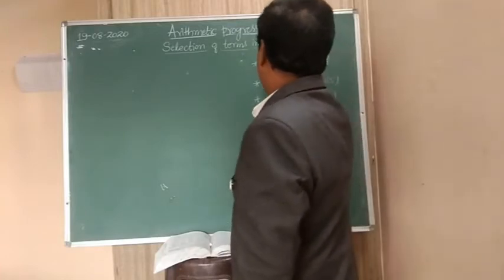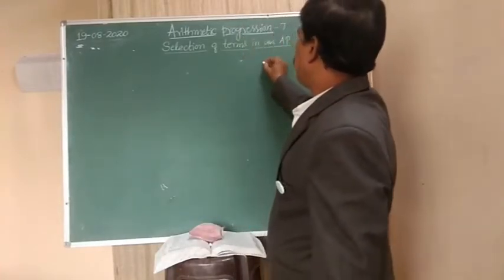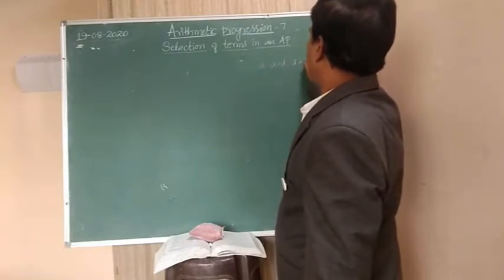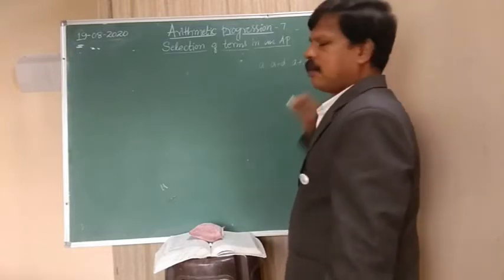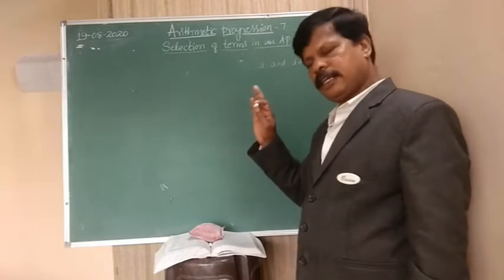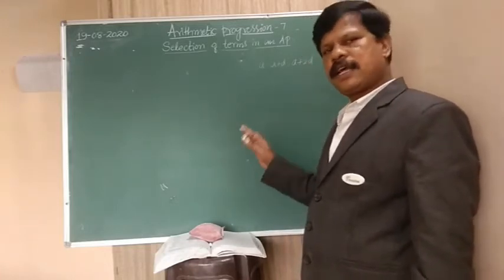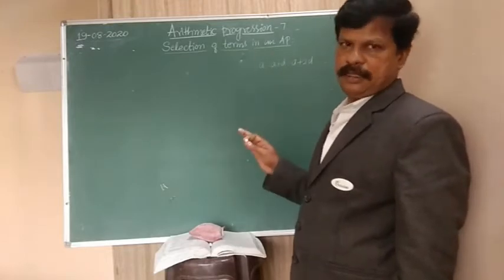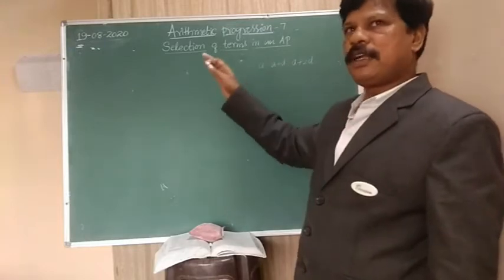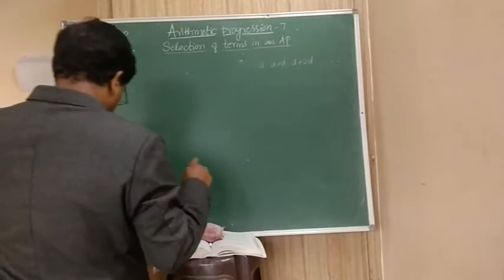We know the general form of the AP is a, a plus d, a plus 2d, and so on. If you take it like this, it is also possible, but it takes time and more length. That's why we are not using this. Instead, we take a convenient method that is explained in the book.